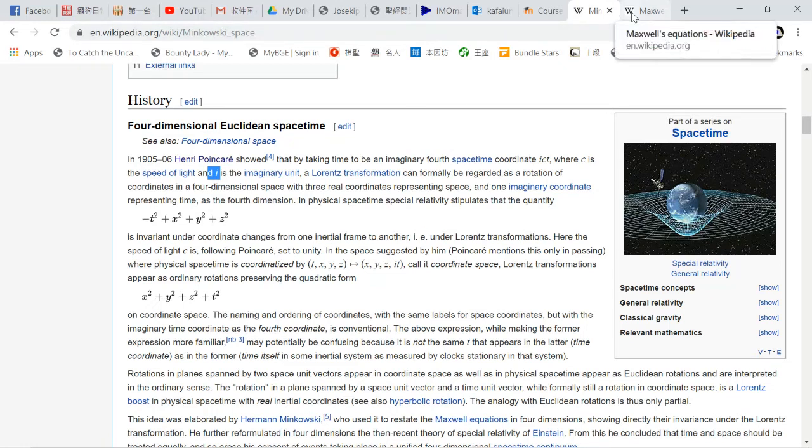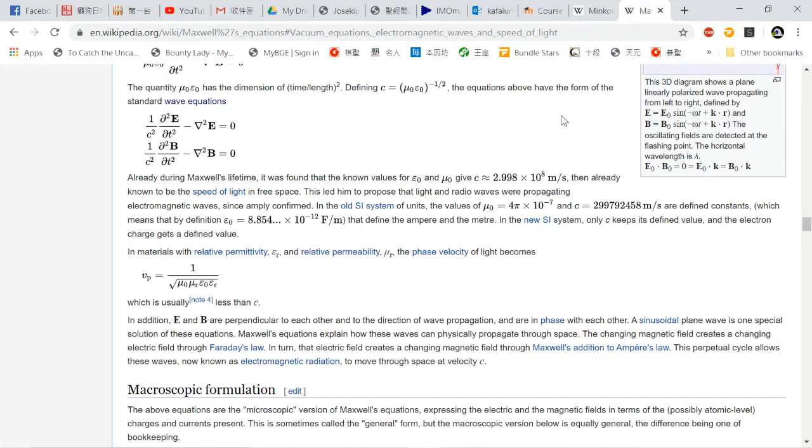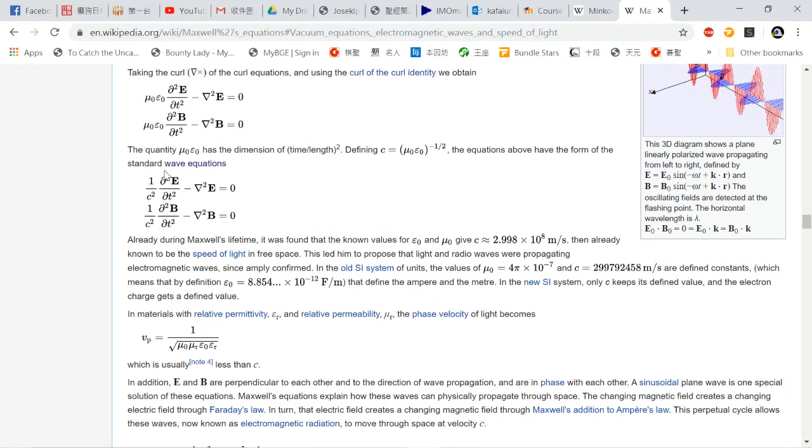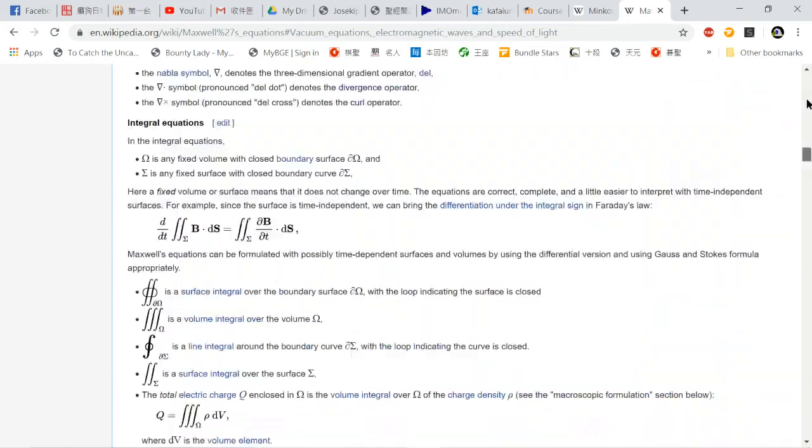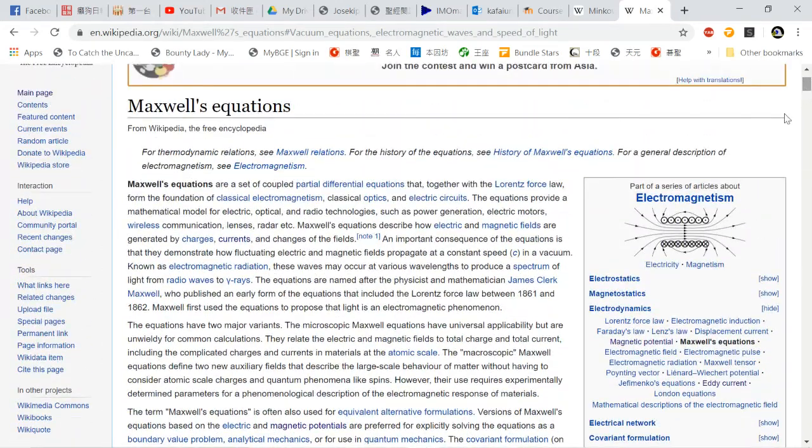And when you consider the Maxwell equation and the wave equation, you should see the Maxwell equation in the last lecture. Also, I just derived the wave equation from the Maxwell equation like this.